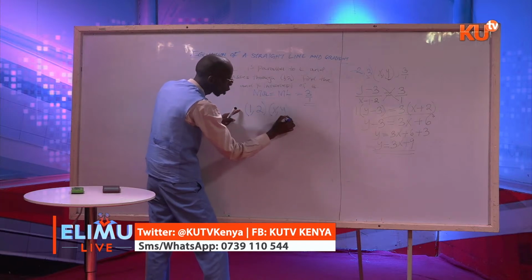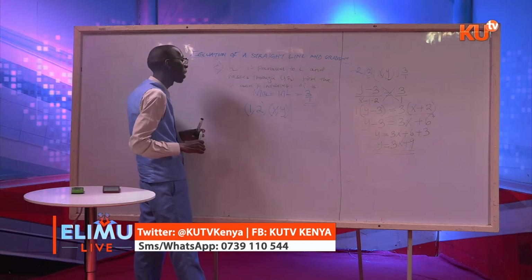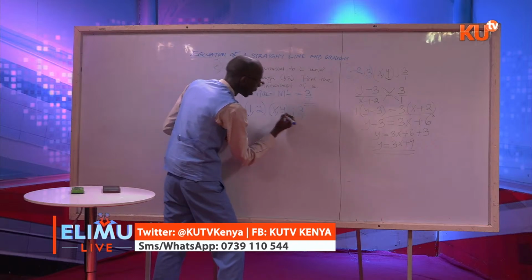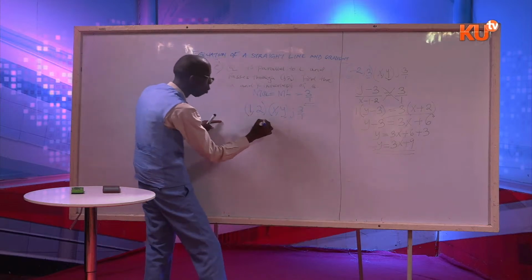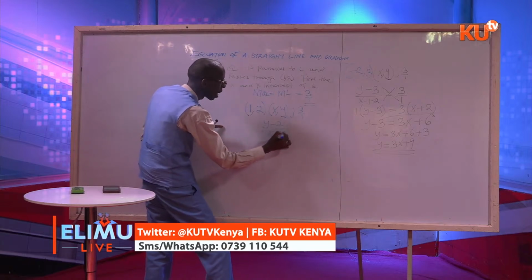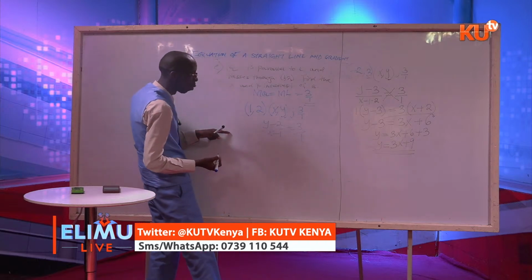We are told that Q is parallel to L. Therefore, the gradient is still 3 over 1. Just do the same way. (y - 2)/(x - 1) is equal to 3 over 1.